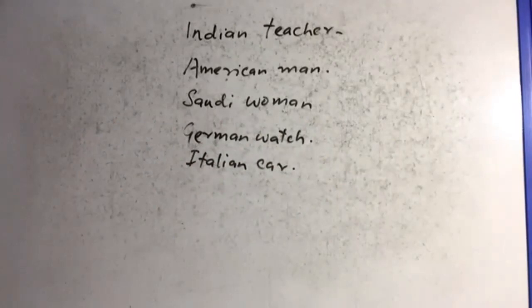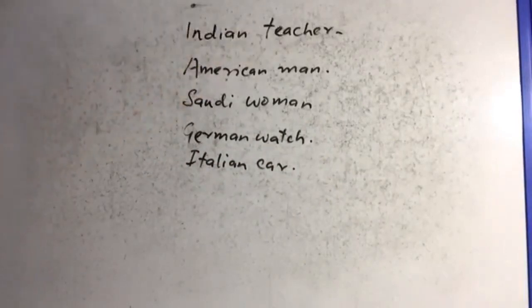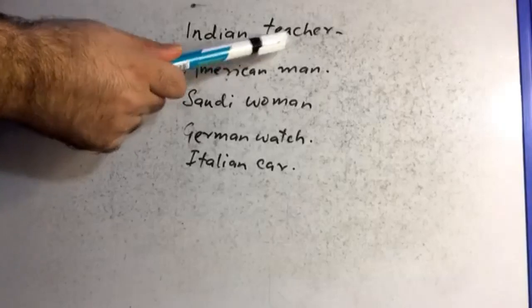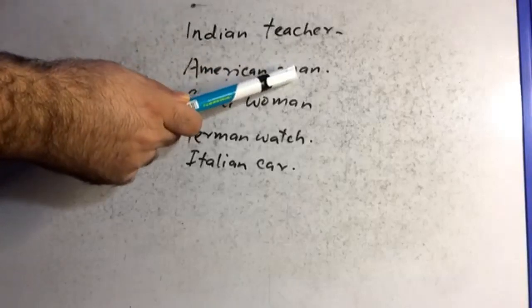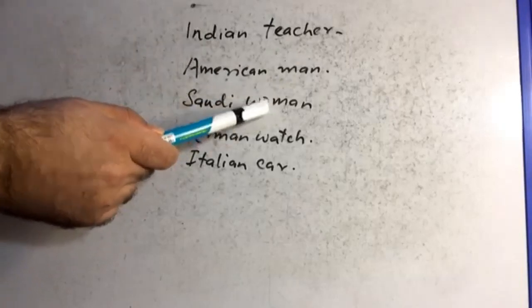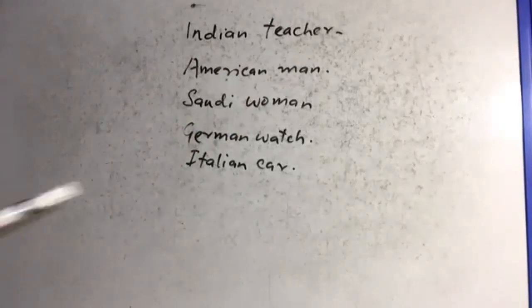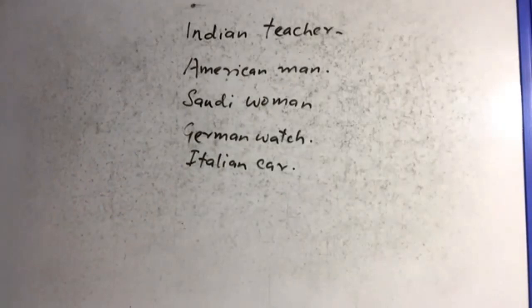And in Indian teacher, Indian is its adjective. It is a teacher, but what defines the teacher is Indian. He's a man, but what man it is, it's an American man. She's a woman, but what woman she is, she's a Saudi woman. It's a watch, but what watch, it is a German watch. It is a car, but what car, it is an Italian car.